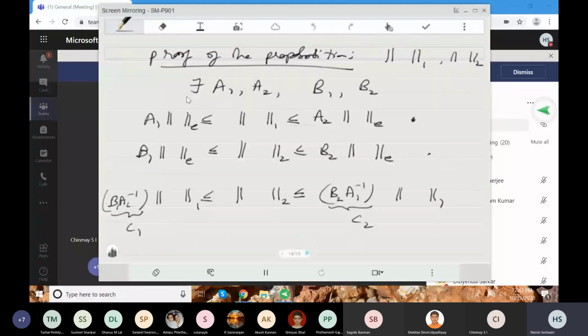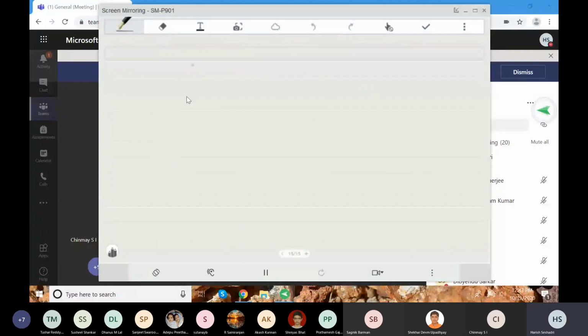So this immediately implies that C1 d1(x,y) is less than or equal to d2(x,y), which is less than or equal to C2 d1(x,y), for all x and y.